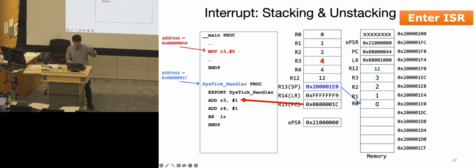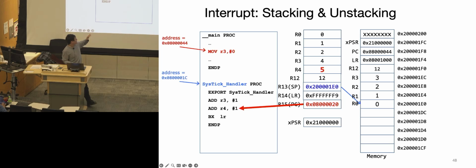So now we're inside of the interrupt function, which does something. Here it does some weird stuff, which you probably recognize now. It changes a register that's not supposed to change unless it stores it later. This is what a bad programmer would do. Hopefully that's none of you.